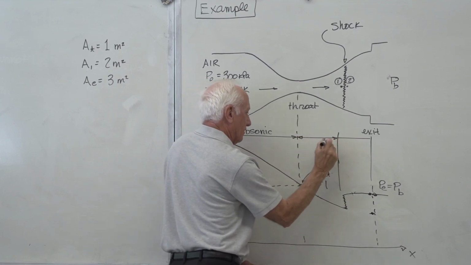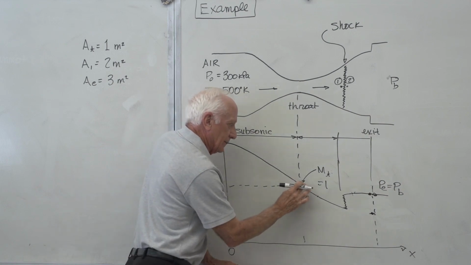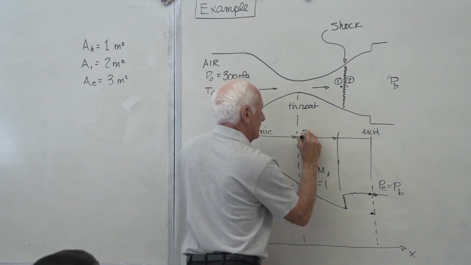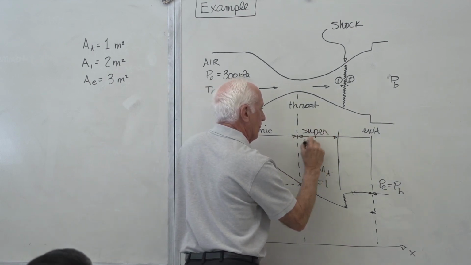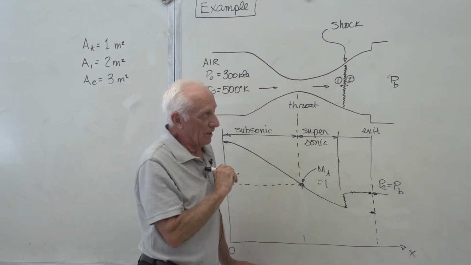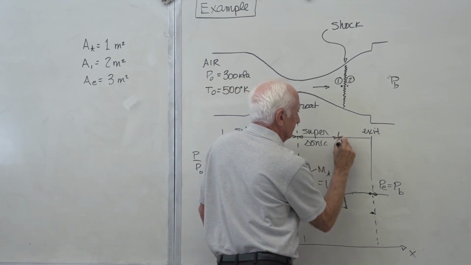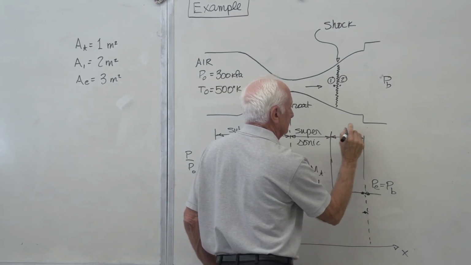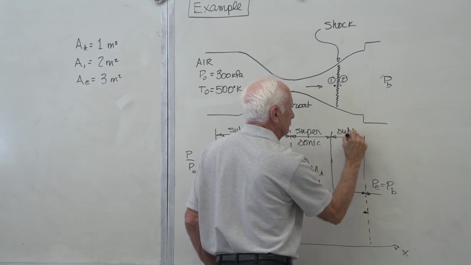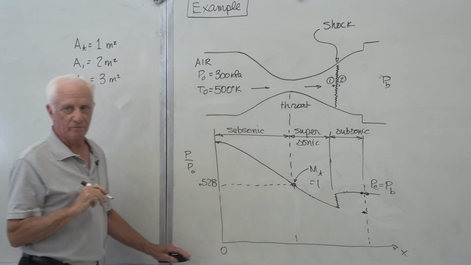Once it reaches the throat on this curve here with the shock wave, it has to go supersonic until the shock. Once you go across the shock, table B2 tells you it's subsonic. Okay, so now you know that part of what's going on.